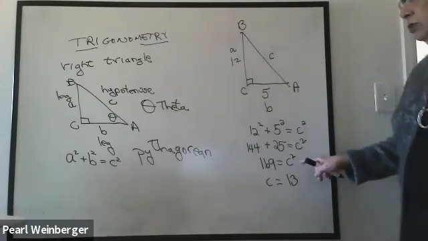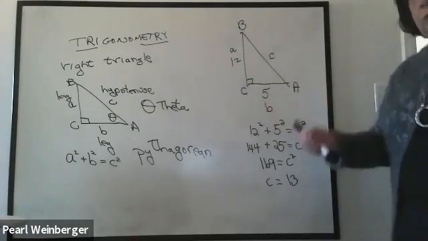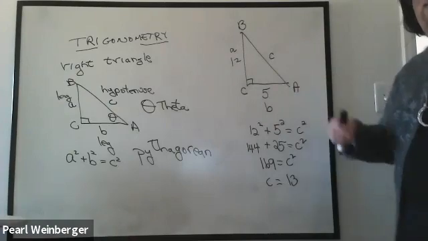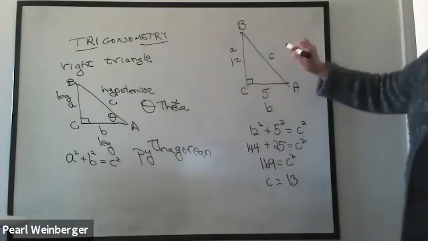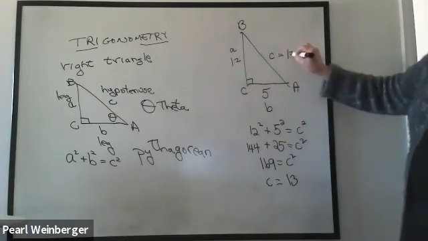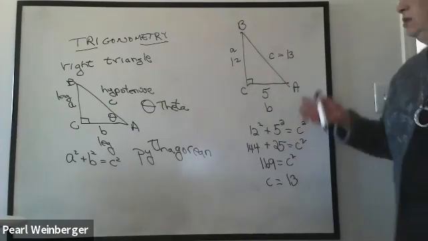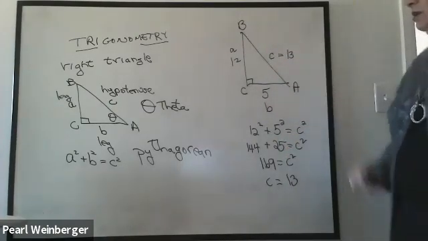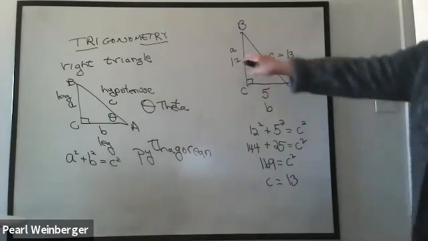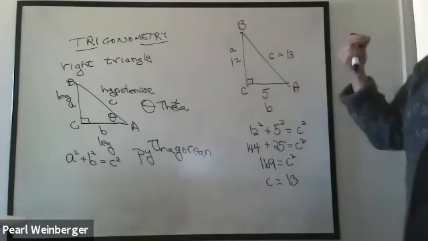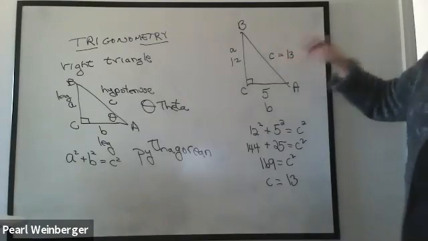Usually when we have something like x squared equals a number, we get two answers for our x, the positive and the negative. But when we're dealing with the sides of a triangle, it doesn't make sense to call them negative. There's no such thing as a negative side, so we only use the positive answer. Notice we started with two sides of the triangle. We only knew two sides, but we were able to use the Pythagorean theorem to find out the third side.